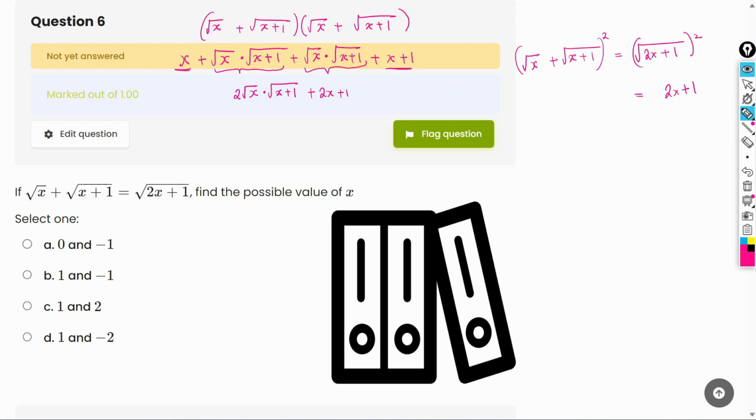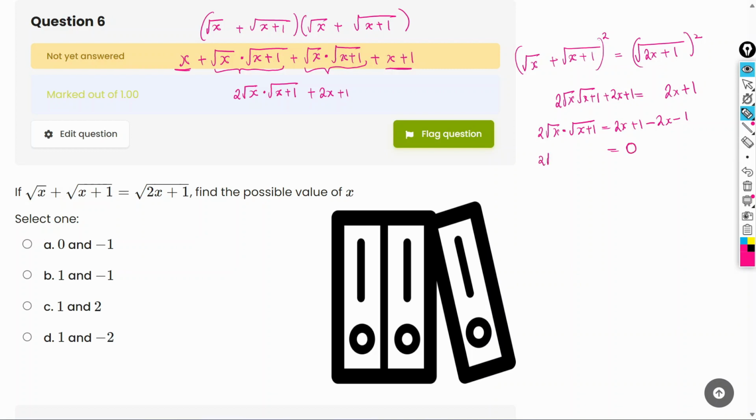So this would be 2 root x times root x plus 1, plus 2x plus 1. I'll take 2x plus 1 over to the other side and I'll have 2 root x times root x plus 1 is equal to 2x plus 1 minus 2x minus 1. So it's just 0 on the other side, right?